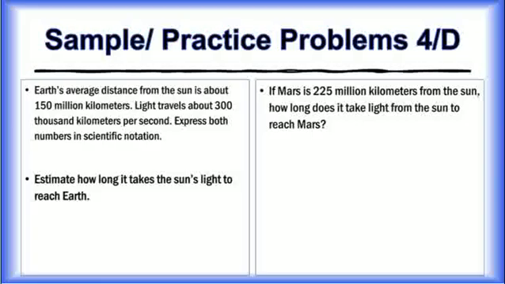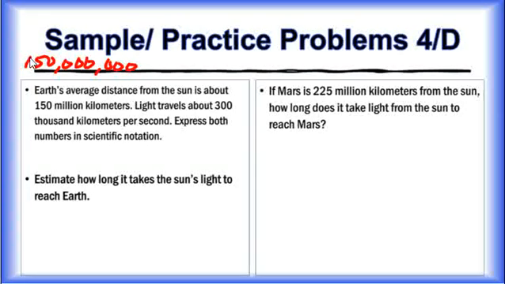And let's take a look at some word problems. Earth's average distance from the sun is about 150 million kilometers. Light travels about 300,000 kilometers per second. Express both numbers in scientific notation. So we got 150 kilometers. And I'm just going to write that up here. So that's 150.